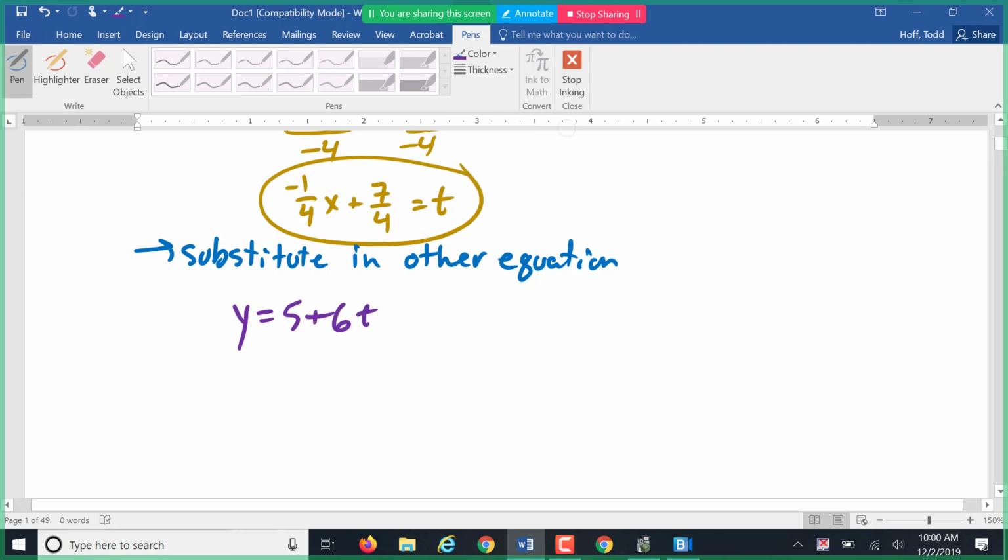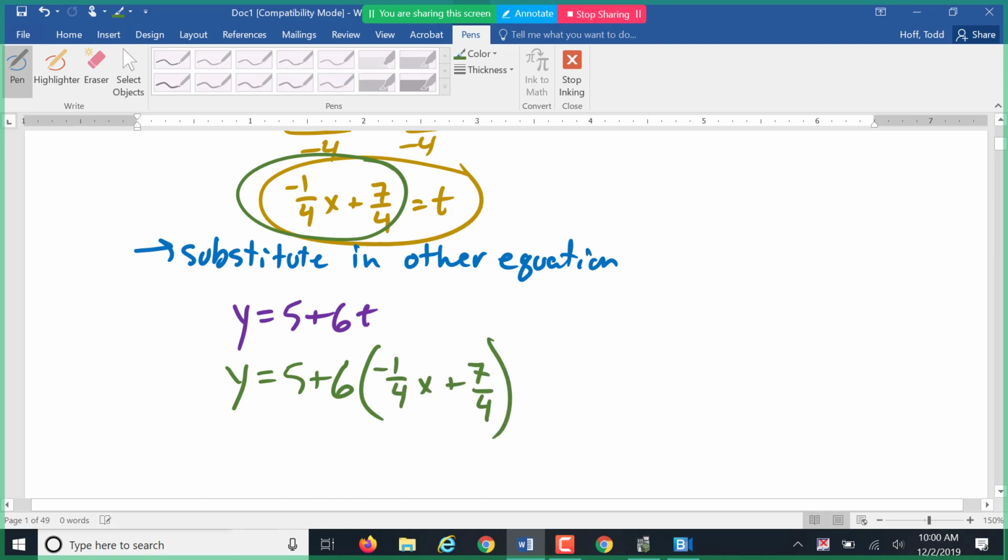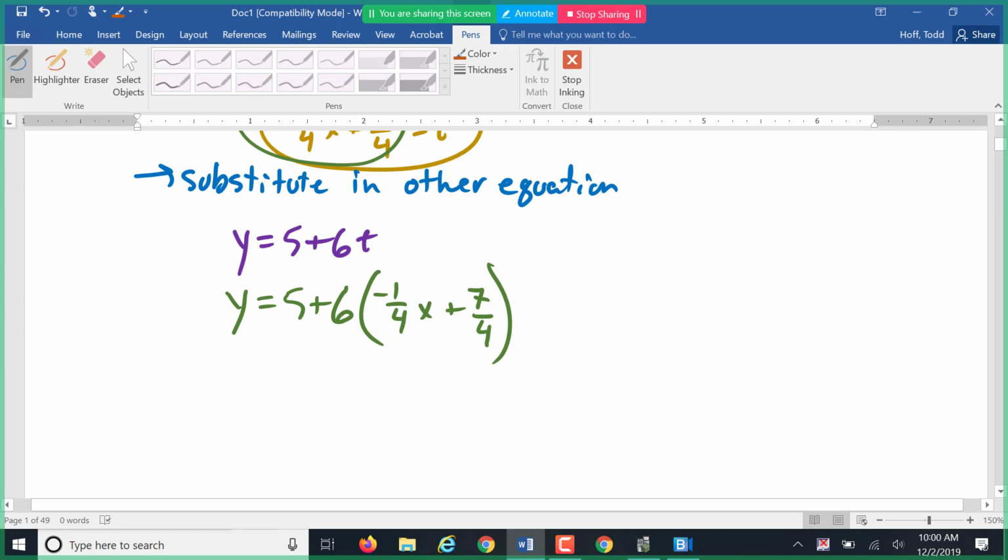Well, that's going to become y equals 5 plus 6 times what this equation gave us for t, negative 1/4 x plus 7/4. And of course, we would want to clean that up a little bit by working it out. y equals 5 plus 6 times negative 1/4 is negative 3/2 x. 6 times 7/4 is 42/4, or 10 1/2.